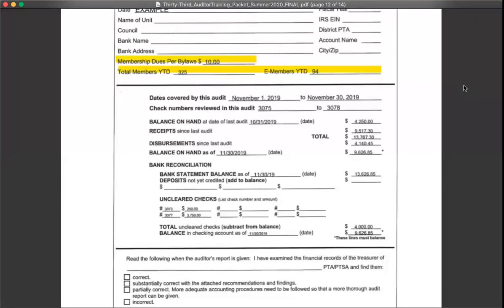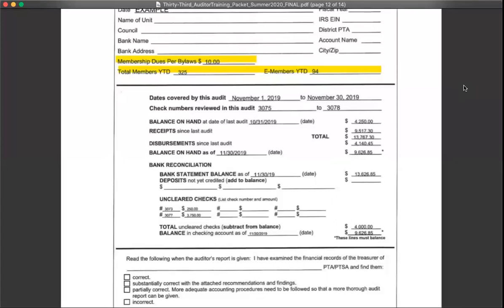And then you would input your balance on hand as of the last audit. So I put October 31st because that's the day before November 1st. And the 4250, that should look familiar to you. That's the same figure that's on the treasurer report and bank reconciliations. And I just want to say at this point that all of these reports, the audit report, the bank rec, the treasurer report, they all should reconcile to each other because it's all the same information. It's all the checks and bank adjustments and deposits.